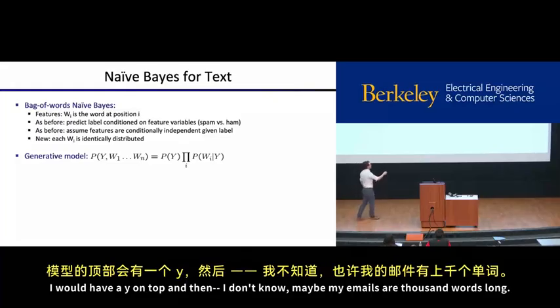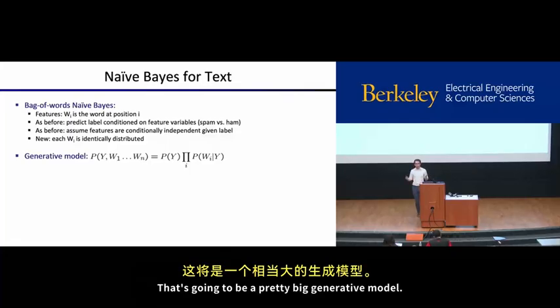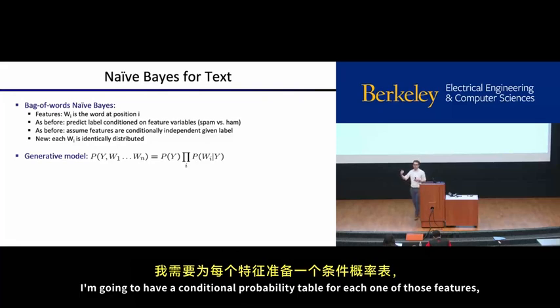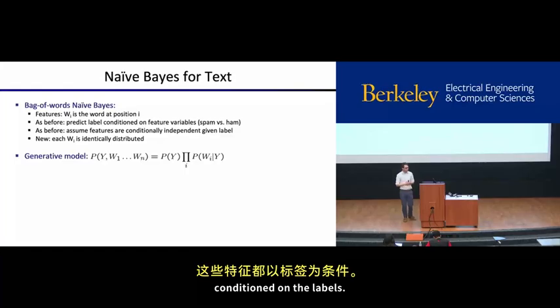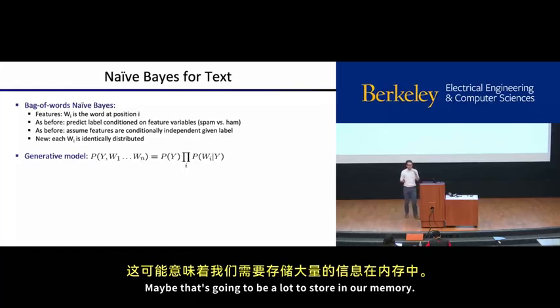I would have a Y on top, and then, I don't know, maybe my emails are 1,000 words long. I would have 1,000 different words that are all my features. That's going to be a pretty big generative model. I'm going to have a conditional probability table for each one of those features conditioned on the labels. That's a lot of numbers. Maybe that's going to be hard to learn. Maybe that's going to be a lot to store in our memory.